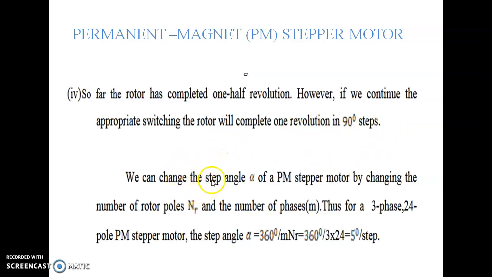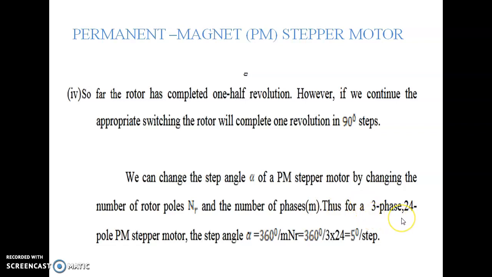So, we can change the step angle alpha of a permanent magnet stepper motor by changing the number of rotor poles nr and the number of phases, that is small m.